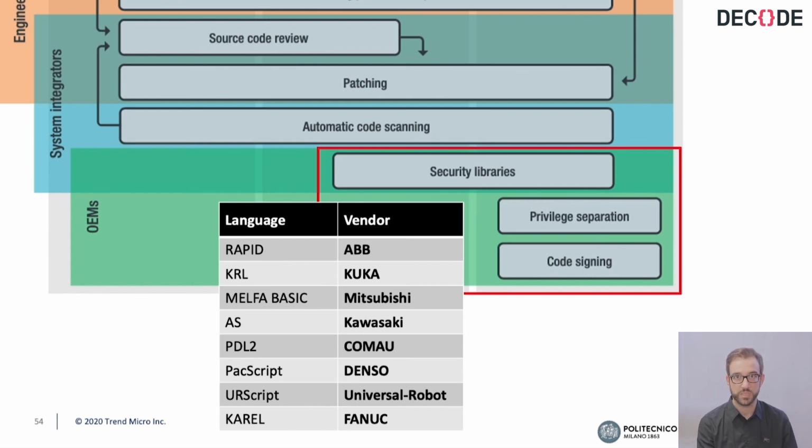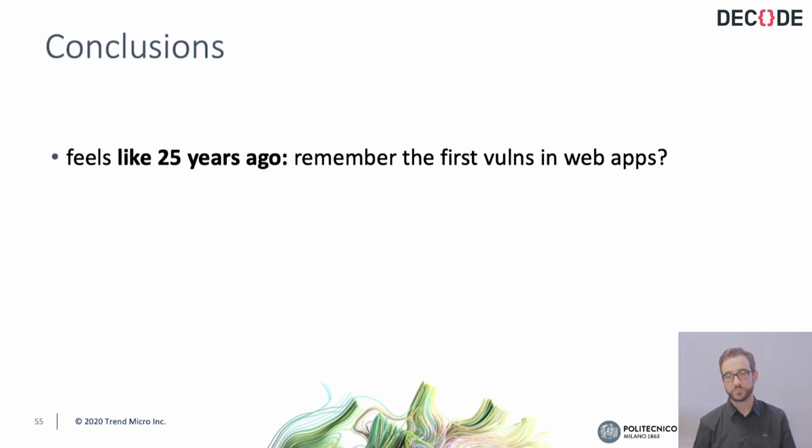For example, security libraries for string sanitization, to implement strong encryption and authentication. So something that is currently lacking in those languages. And in the longer run, they should consider implementing fine-grained privilege separation and code signing to prevent unwanted code from running on a machine.